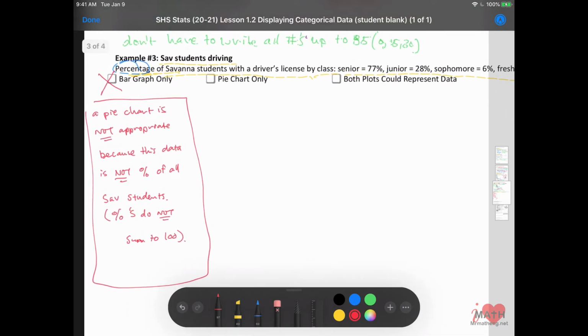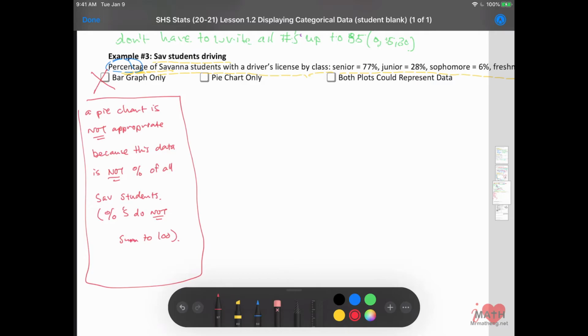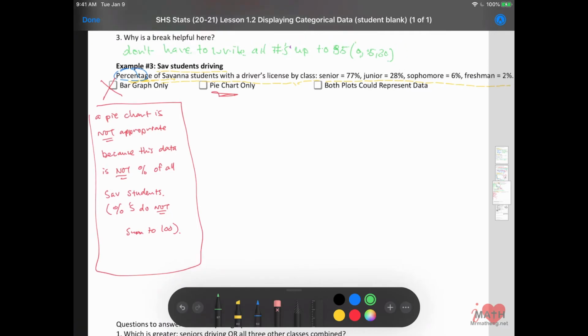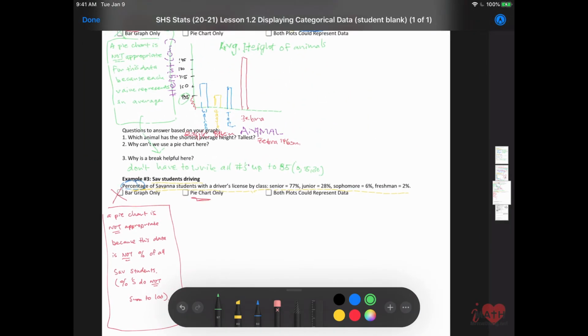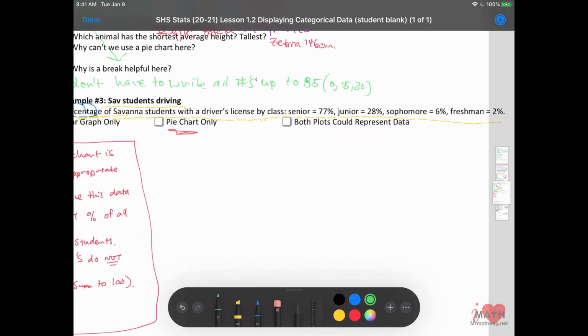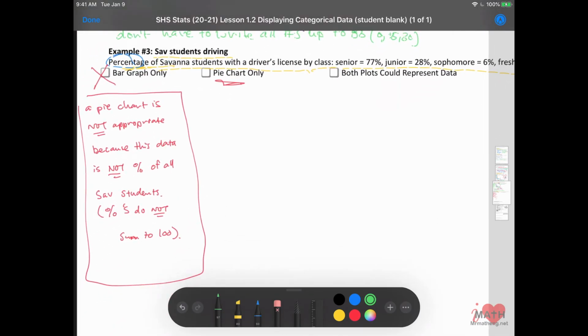All right, so again, we can't use a pie chart because you don't know totals. You just have percentages. Percentages and averages are essentially the same thing, but you can't figure out the total. So pie chart, you need total.